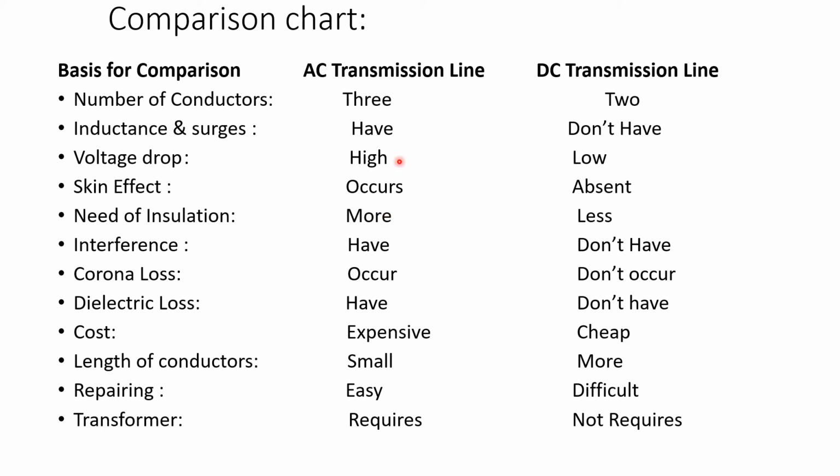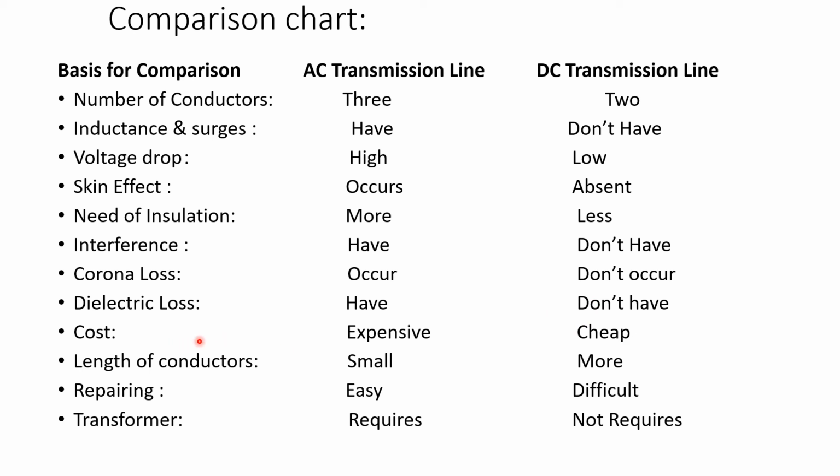In an AC transmission system we need three conductors, so we need more insulation in AC when compared with DC. Interference will be higher in AC when compared with DC. Corona losses will also be very high in AC transmission systems, and will be absent in DC transmission systems, or very less. Dielectric losses will be there in AC transmission systems, which will be absent in DC.